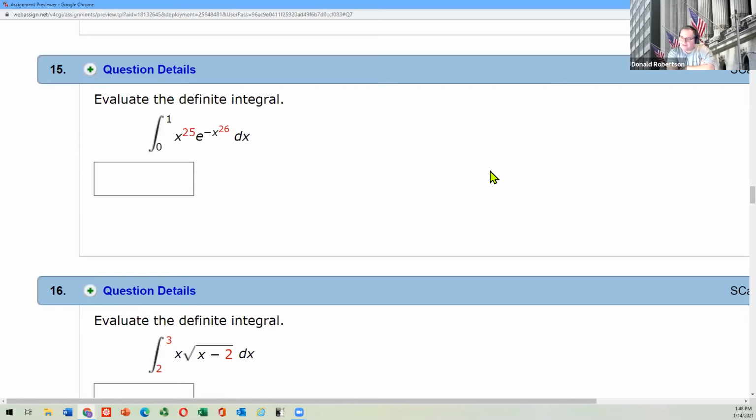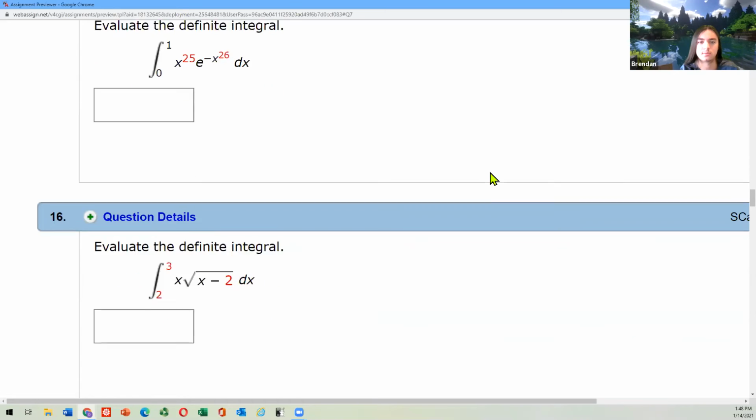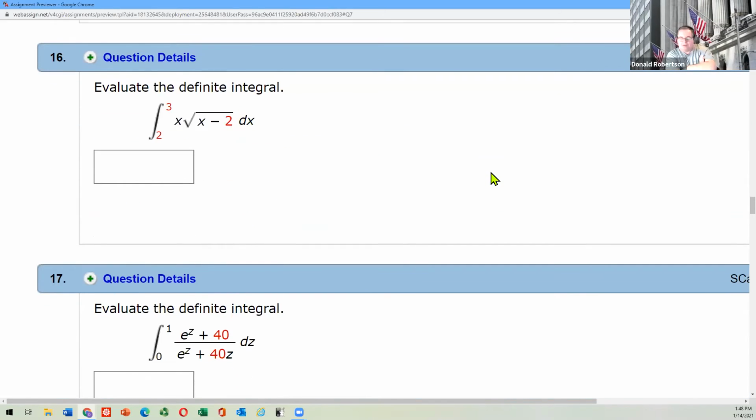What about in 15? Negative x to the 26th. Yep. What about 16? x minus 2. We are getting quicker, aren't we? The best way to do these kinds of questions is to practice them till you're bored stupid with them.